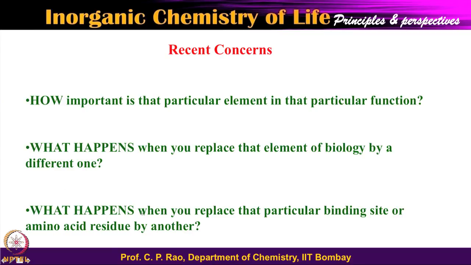So, when I replace one of the already present ions in the biological systems by another one, what happens? I can not only change the ion that is present, but these ions are bound by amino acid residues, which I will come to at a later stage, and those residues I can also play with.